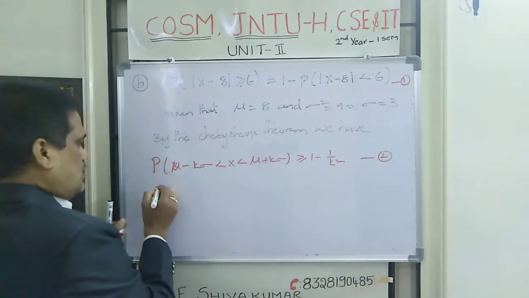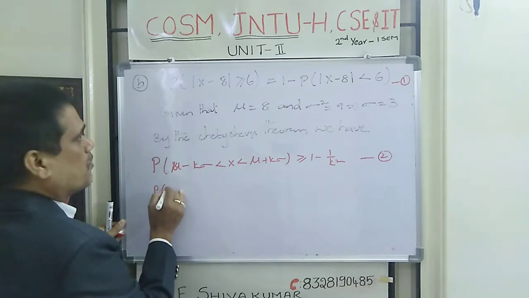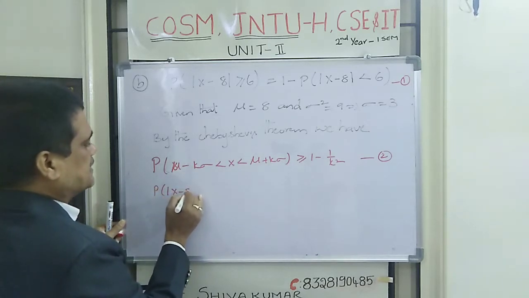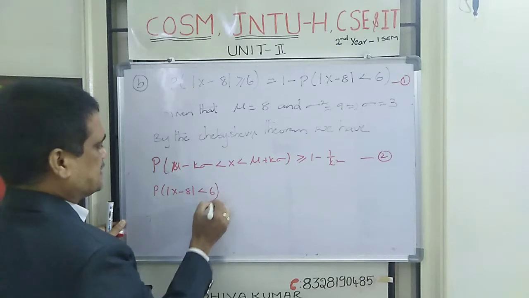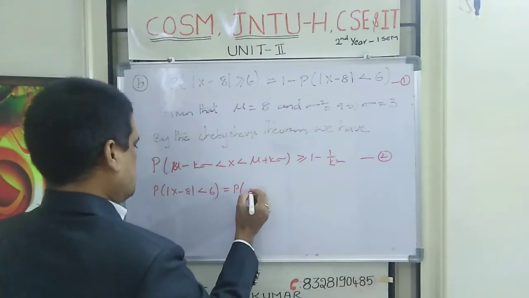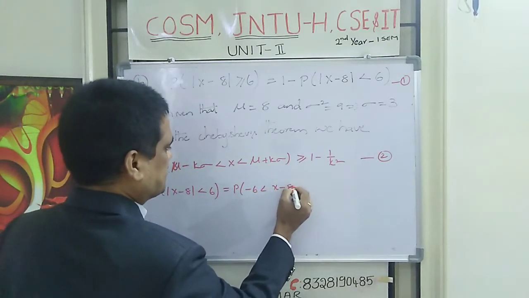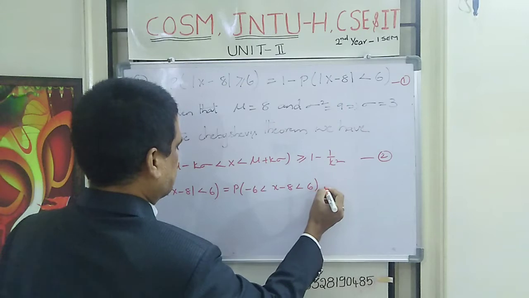Now we have to find P of modulus of x minus 8 is less than 6. So this I am going to write as P of minus 6 is less than x minus 8 is less than 6.